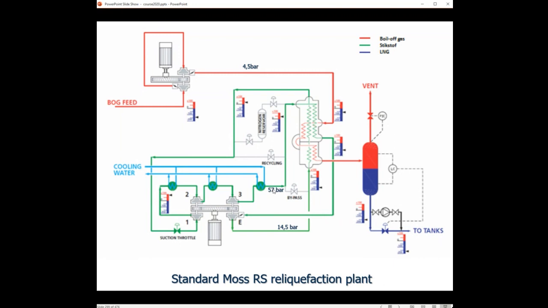So after the three compressions, this is from 1 to 6 bar, this is from 6 to 36 bar, and this is from 36 to 57 bar, for example. I don't know exactly how it is, but it's not more than 1/6, as you can see. This 57 bar at a temperature of something like 40-50 degrees is then sent to the heat exchangers, to the condenser.